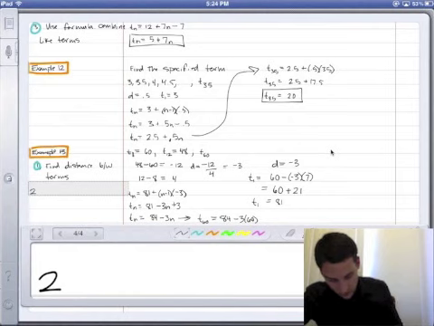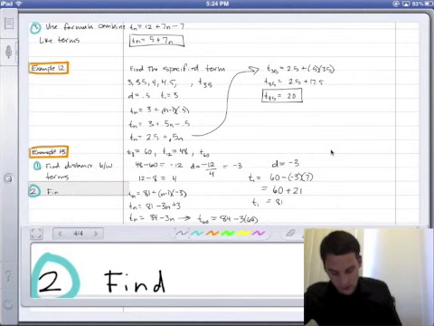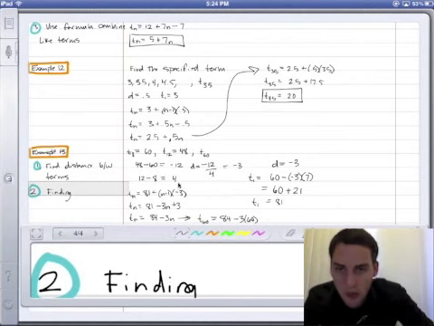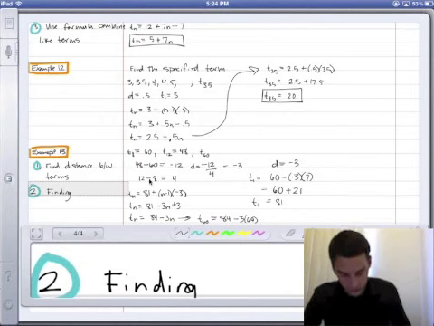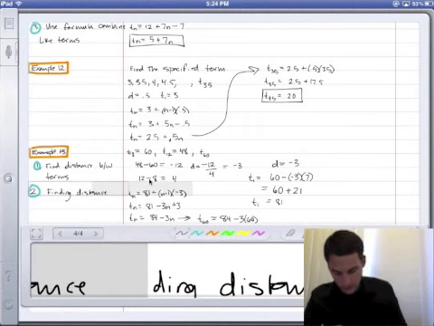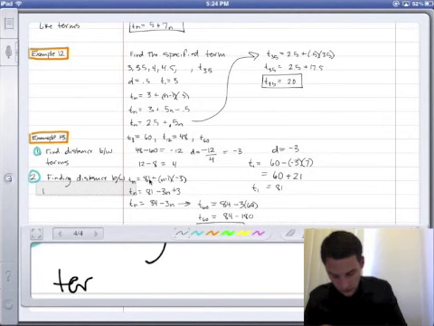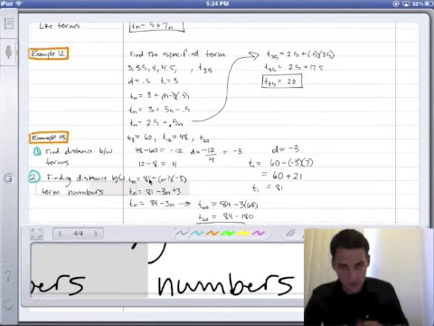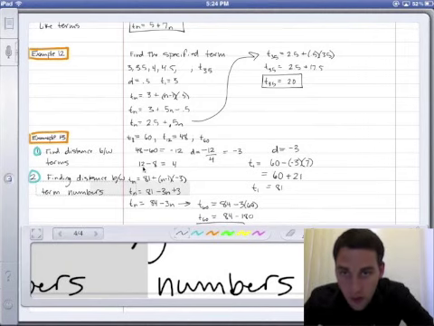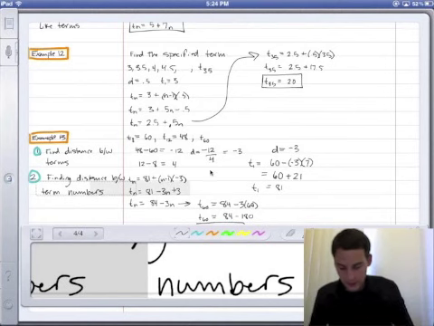Step 2 was finding the distance between the term numbers. And that was, again, the 12 minus the 8, finding how many terms were between there.